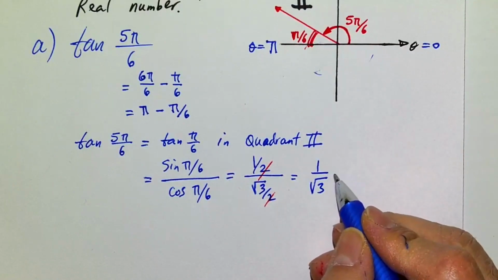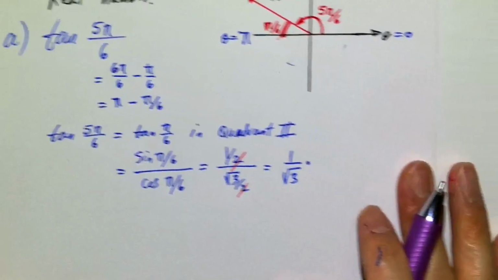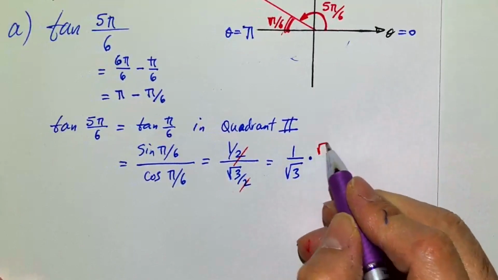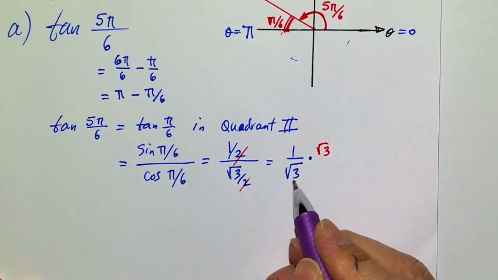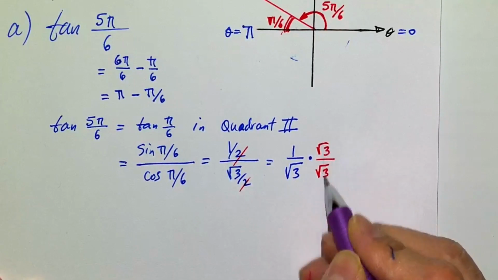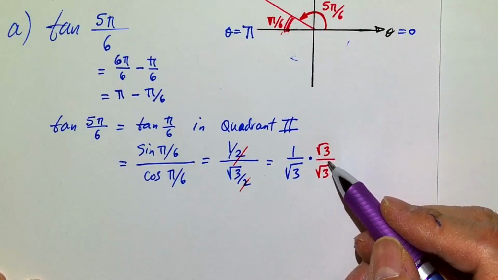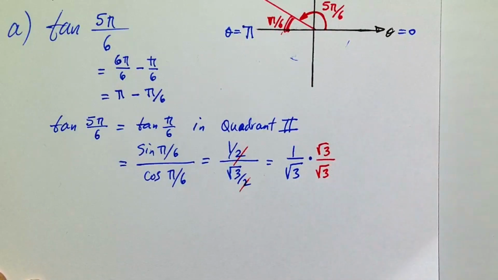But then, let's rationalize this. So we're going to multiply it by square root of 3 over square root of 3, because we don't want the square root in the denominator, right? Because what is the square root of 3 over square root of 3? It's 1, right? 5 over 5 is 1. Negative 2 over negative 2 is 1.